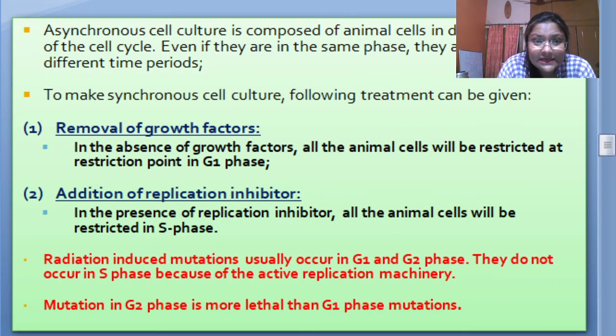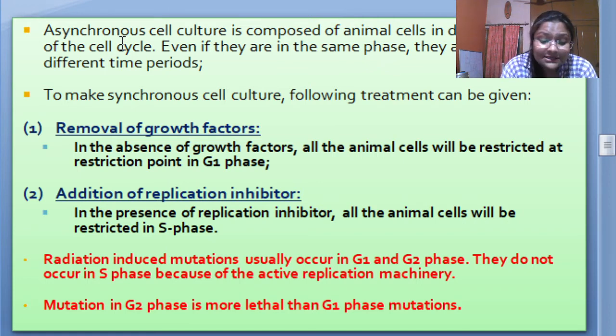Now let me tell you what asynchronous cell cultures are. Asynchronous cell culture is composed of animal cells in different phases of the cell cycle, like our body has so many cells, right? So maybe one cell is in synthesis phase right now, another cell is in G1 phase, yet another cell is in G2 phase.